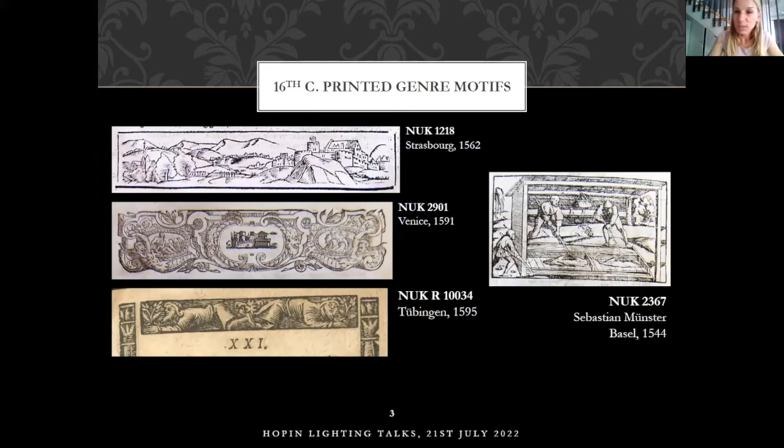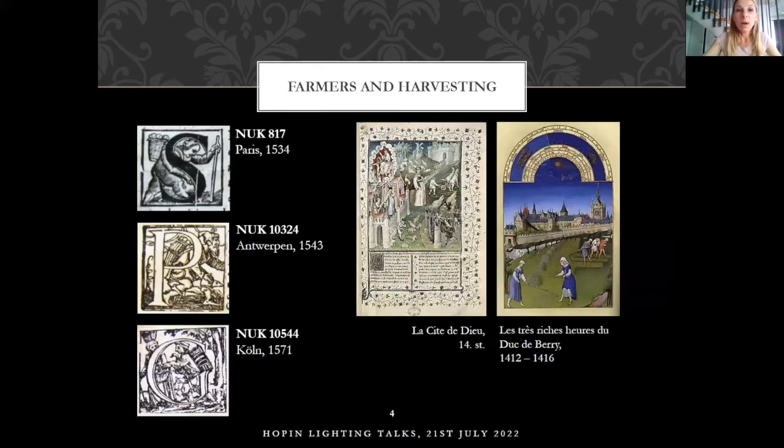But genre and peasant motifs are not represented only in painted Renaissance works. Printed books of the 16th century are full of different genre motifs used in decorative elements or illustrations. And a variety of depictions of peasants can be found as central depictions of printed decorative borders or initials.